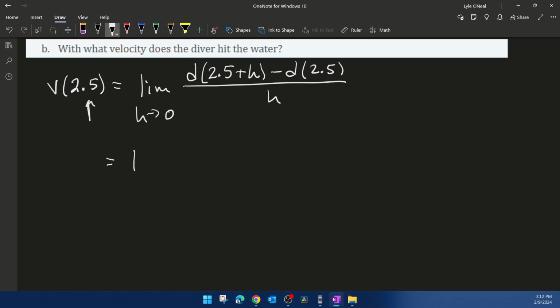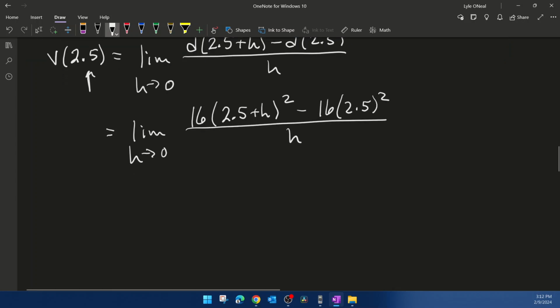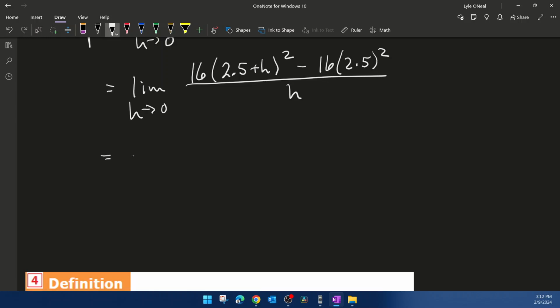All right, here we go. That's going to be the limit as h approaches 0. d of t was 16t squared, so this is going to be 16 times (2.5 plus h) squared, minus 16 times 2.5 squared, all over h. We're going to need to FOIL.